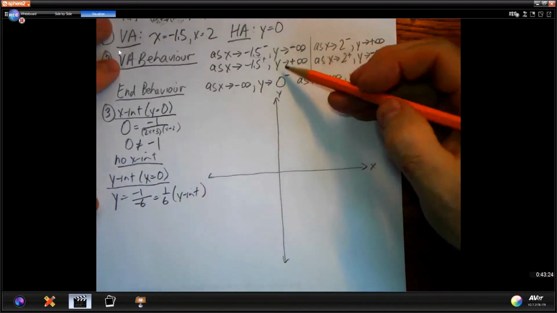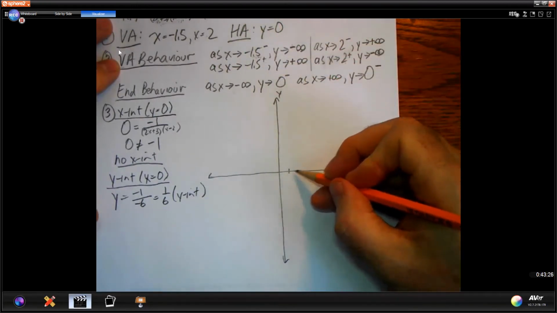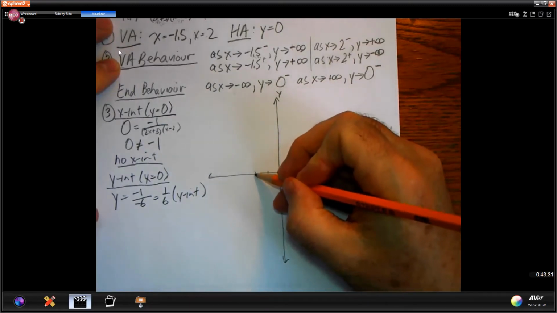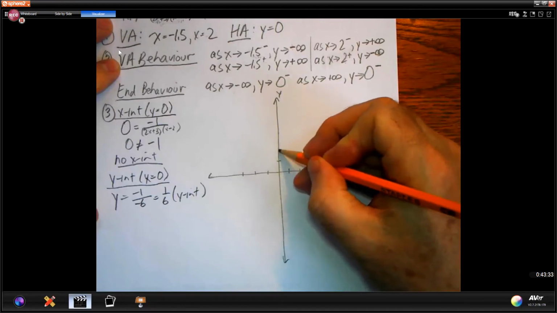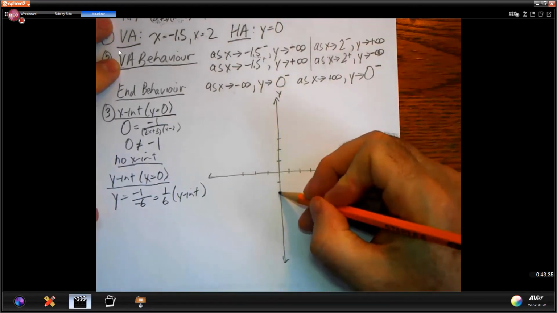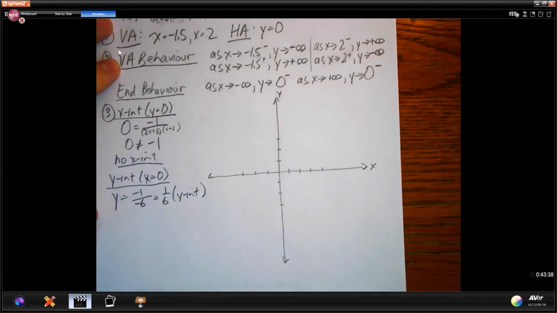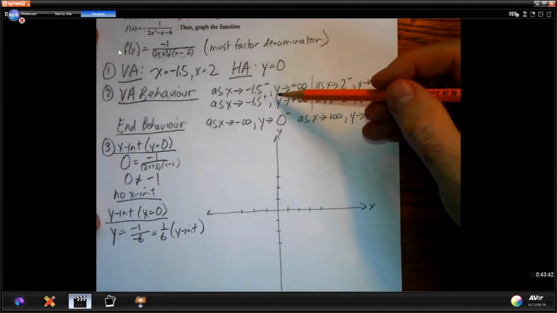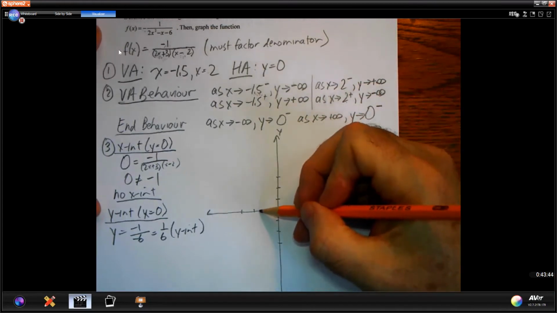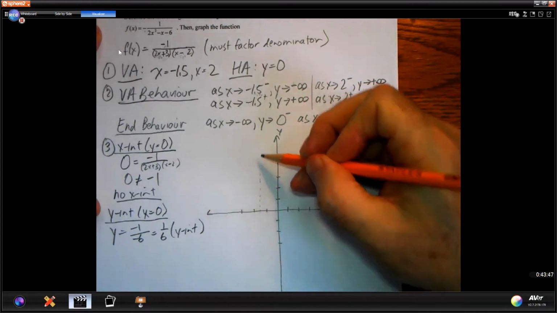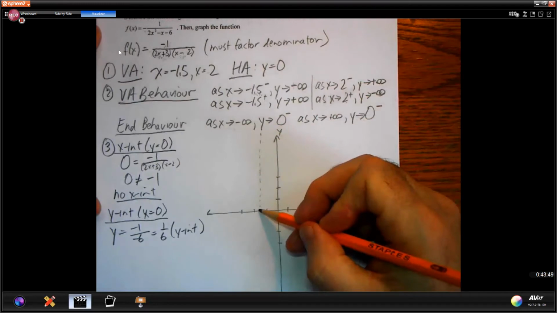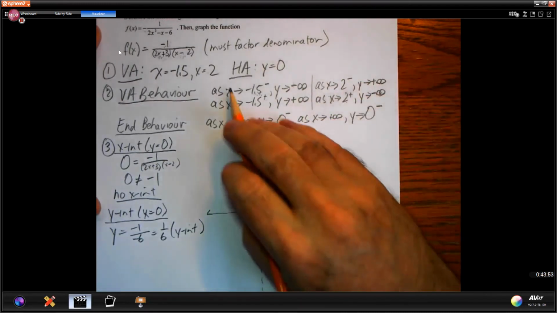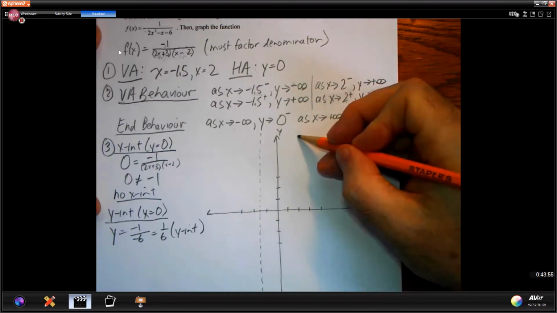Okay, so now we're going to do our sketch of what this graph looks like. I'll first do a bit of a scale, so it looks a little bit more accurate. So the first vertical asymptote is at negative 1.5, which is right here. And I also have one at x equals 2, which is here.